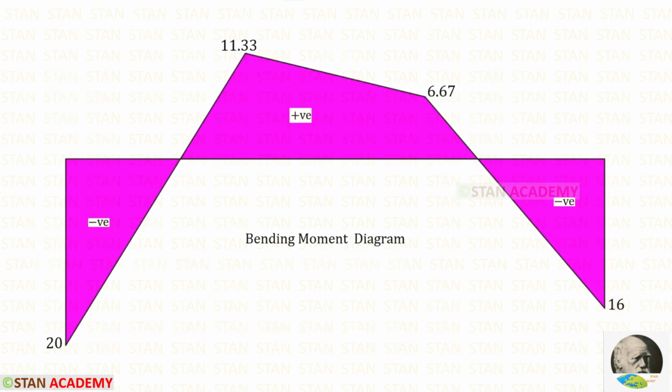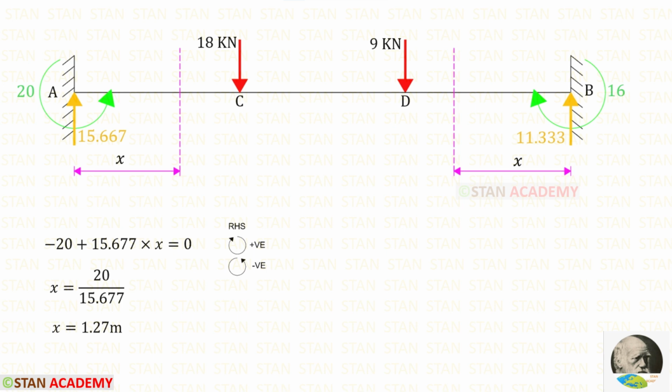Here you can see the bending moment diagram. At these 2 points, the bending moment becomes 0. Let us make sections at both of the points. I have made this section at a distance of x from the point A, and I have made this section at a distance of x from the point B. We know that in this section the bending moment is 0.